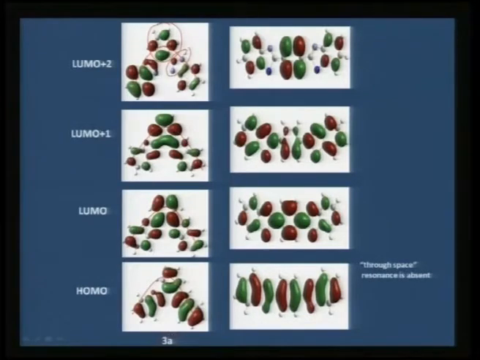And same is the case for 4A molecule also. You can see that charge resonance is across the ring, and it is across the ring here, and there is no through space resonance. Therefore, through space resonance is absent in the case of 3A and 4A molecule.